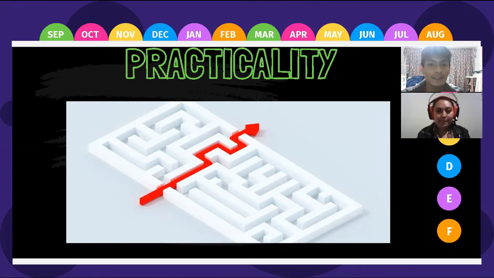One example of this principle can be when you, for instance, use different virtual tests or different mock exams to implement with your students, in which you don't need to spend a lot of money or a lot of time.